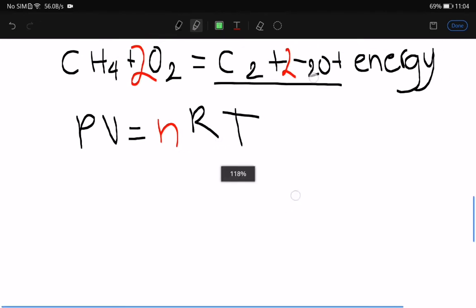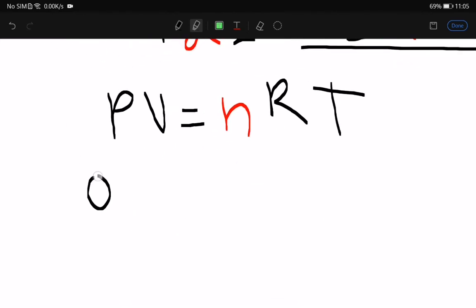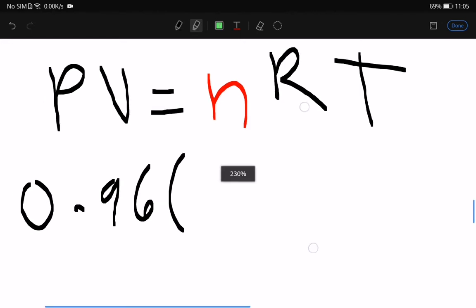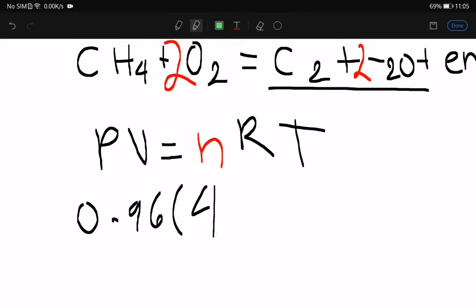RT. So our pressure, like I said, is 0.96 ATM, and our volume is 45 liters, equals your n.